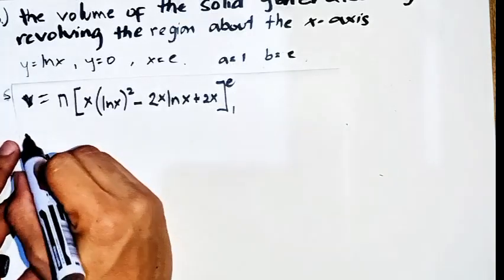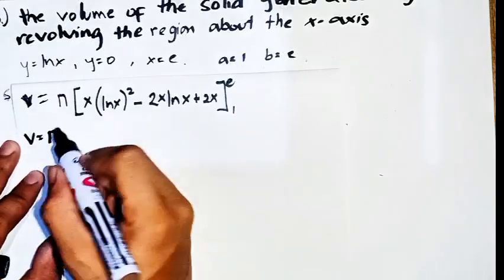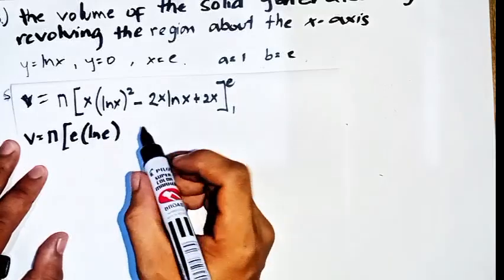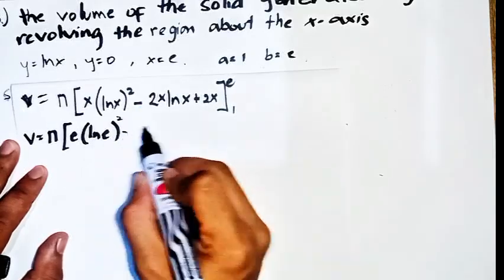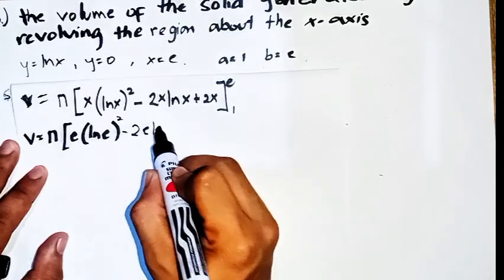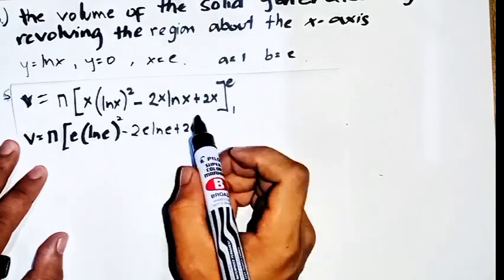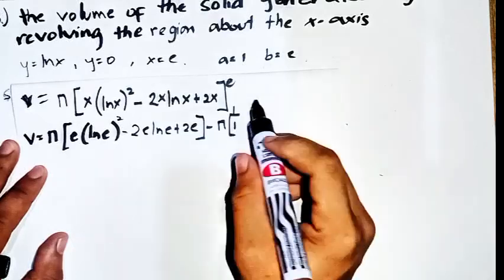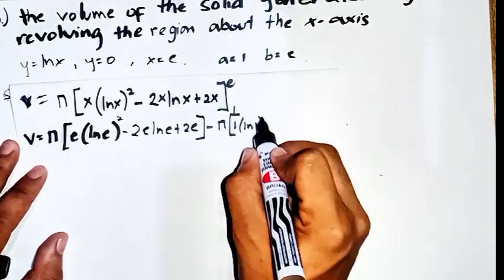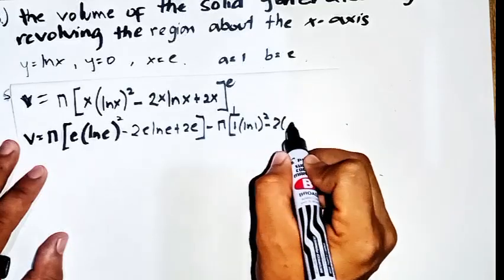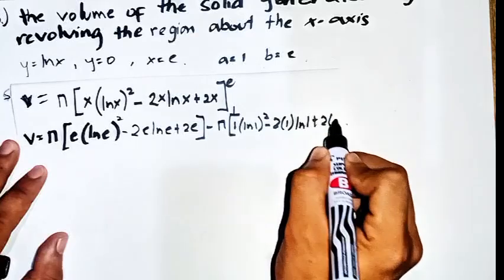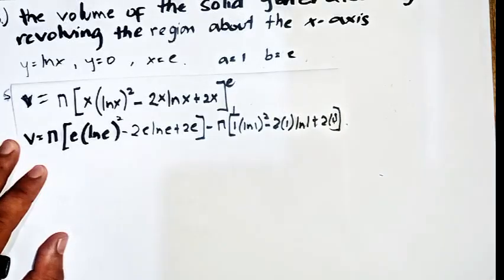So we have v is equal to pi times e ln e squared minus 2e ln e plus 2e, minus pi, again our lower limit, times 1 ln 1 squared minus 2 times 1 ln 1 plus 2 times 1. That is 1, sorry.